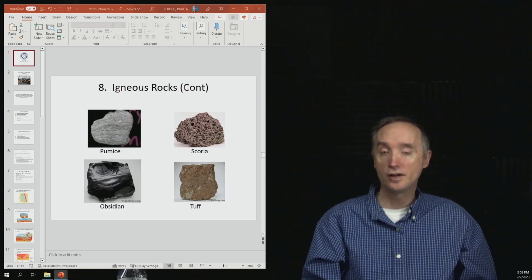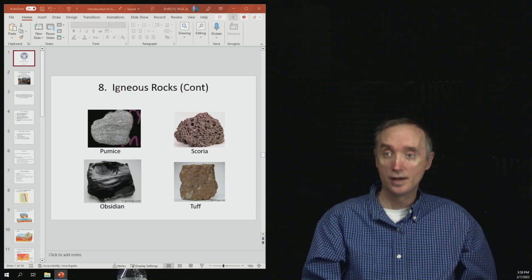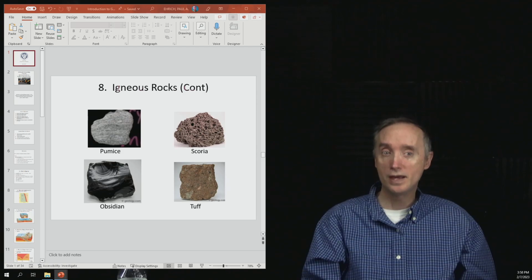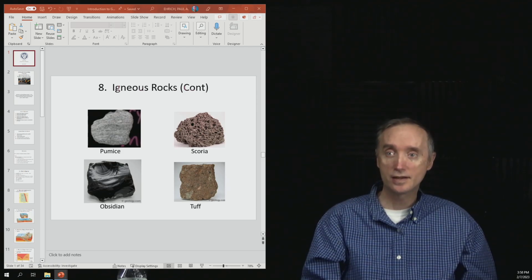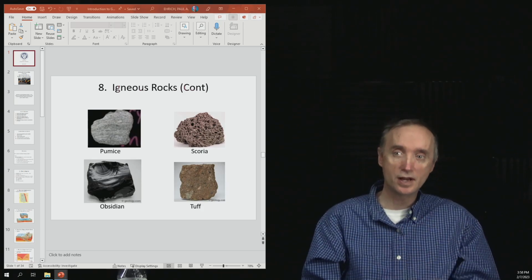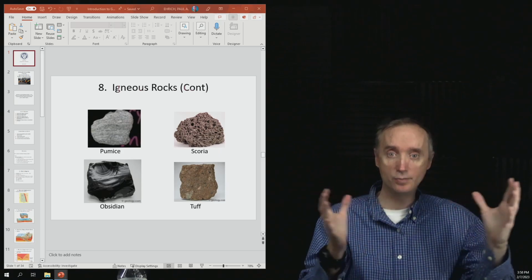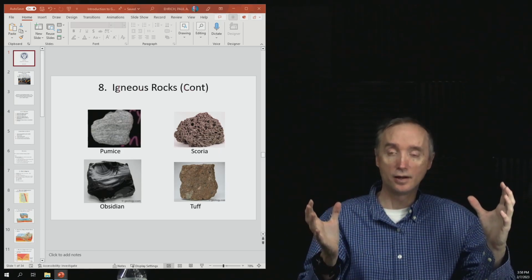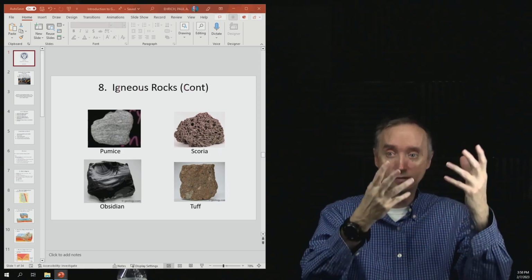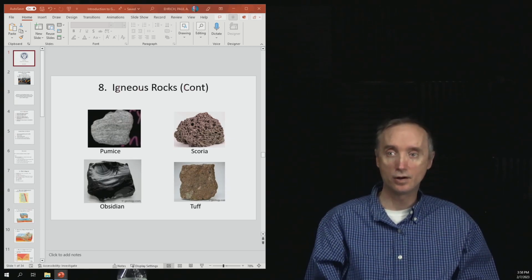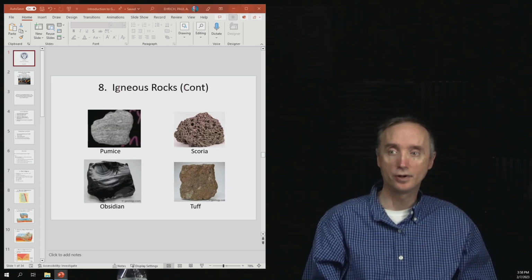Pumice has a felsic composition, as opposed to scoria, which has a more mafic composition, but you still see it's got the air holes, gas holes. So as the gas was escaping the lava at the surface of the earth, that's what's making all those holes in that scoria.